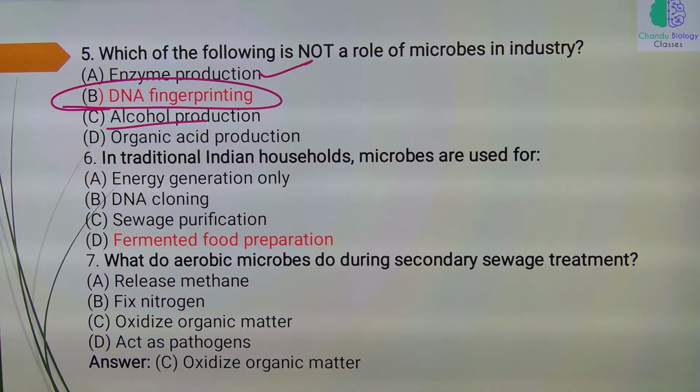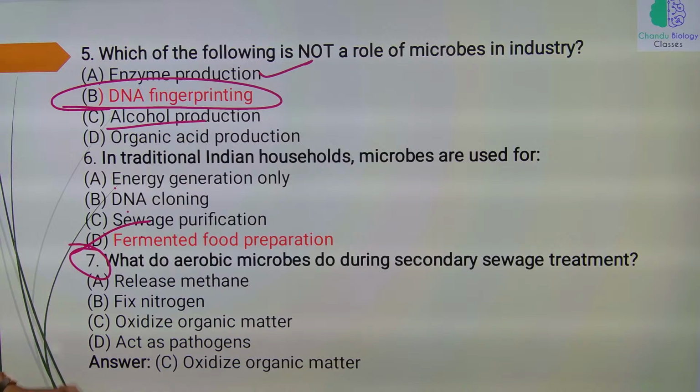And then in traditional Indian households, microbes are used for what? They are not used for energy generation, DNA cloning, or sewage purification. They are used primarily in households for fermenting food preparations like idli and dosa batters. For fermentation processes it will be useful.